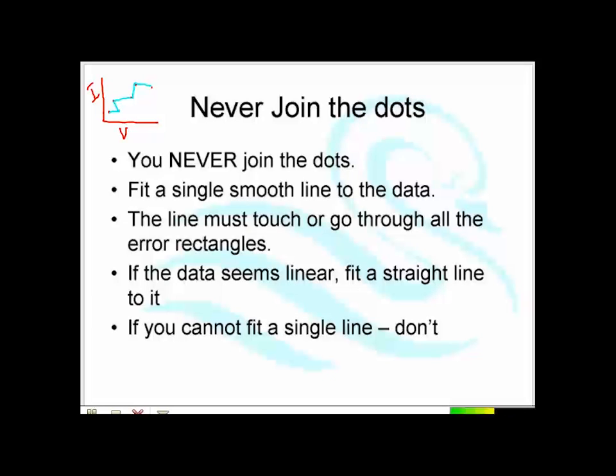It suggests that for a little while the relationship goes along like that, and then suddenly it gets to this voltage here and it takes a sharp turn to the left. And then it gets to this voltage and current here and it takes a sharp turn to the right.